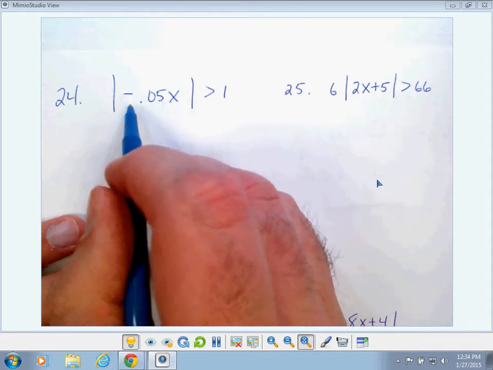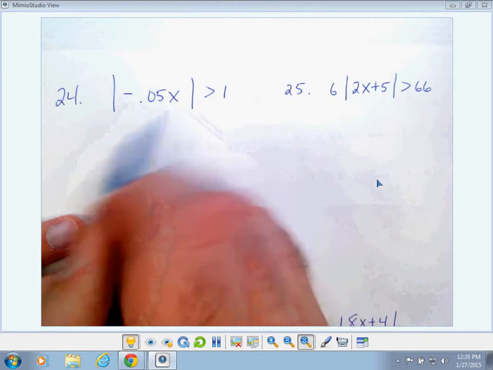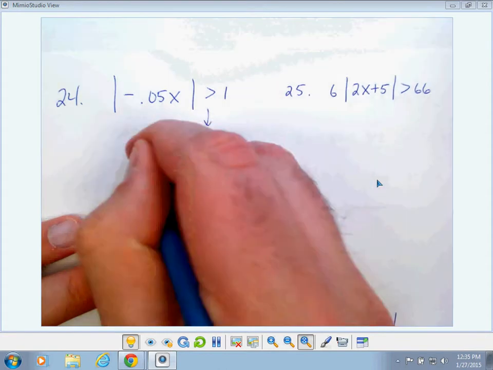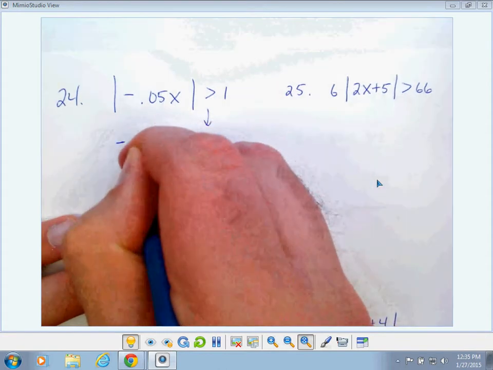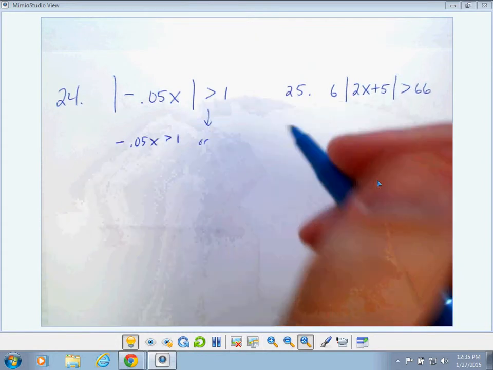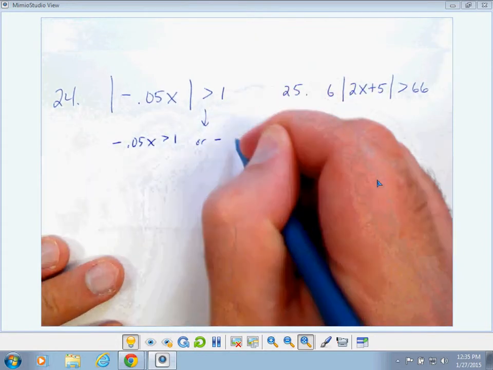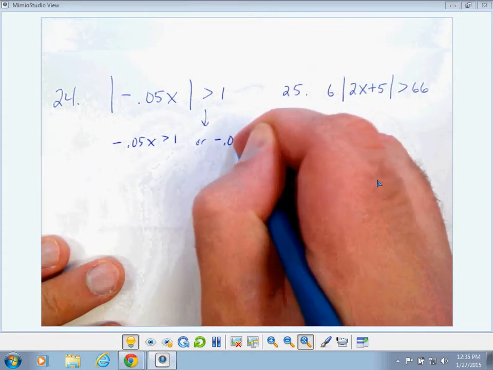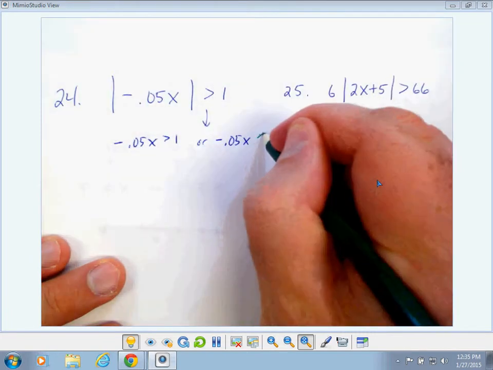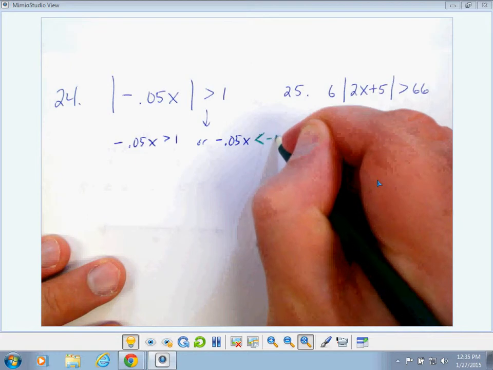You want to just keep the pattern we've been doing and split this problem right away. So this is an OR. So we have negative 0.05x greater than 1, or the same exact thing, negative 0.05x, but it would be less than negative 1.